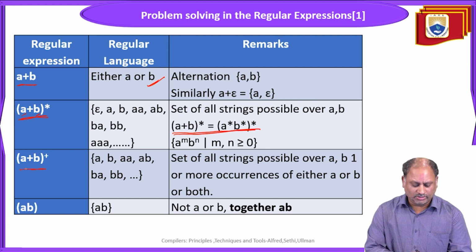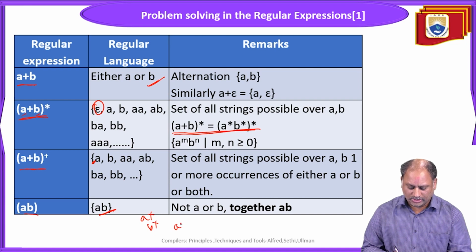Whereas if you consider (A plus B) plus, it is the set of all possible strings over A, B with length one or more. That means epsilon is not included here. Remaining all the strings are included. AB means only one string, that is AB only, not separate. A is not separate, B is not.